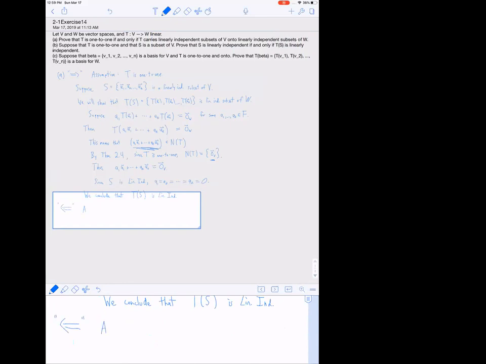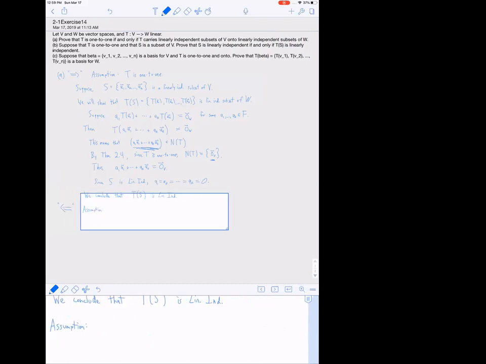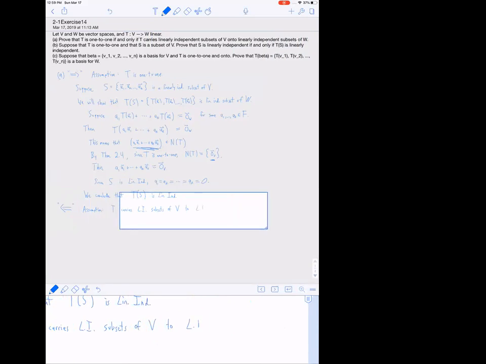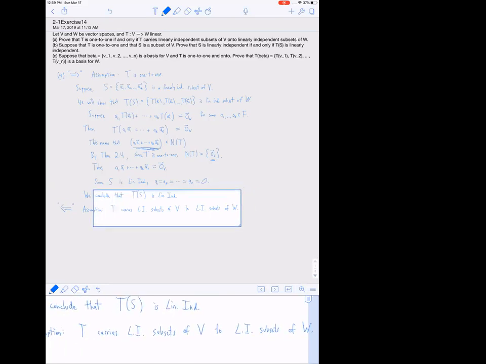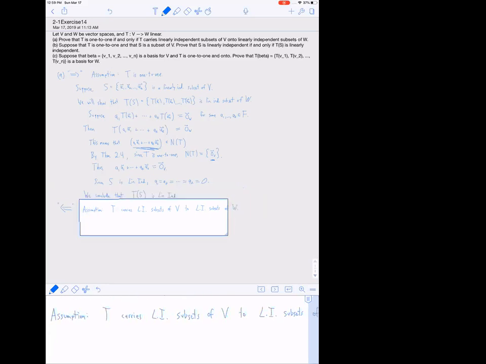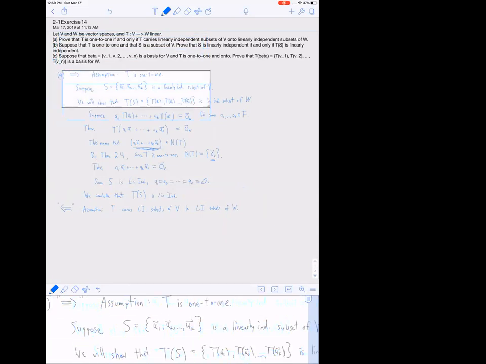So here now our assumption will be that T carries linearly independent subsets of V to linearly independent subsets of W. So if ever we encounter a linearly independent subset of V, then we'll know that T applied to each of those vectors will form a linearly independent subset of W, and we will want to show now that T is 1 to 1.